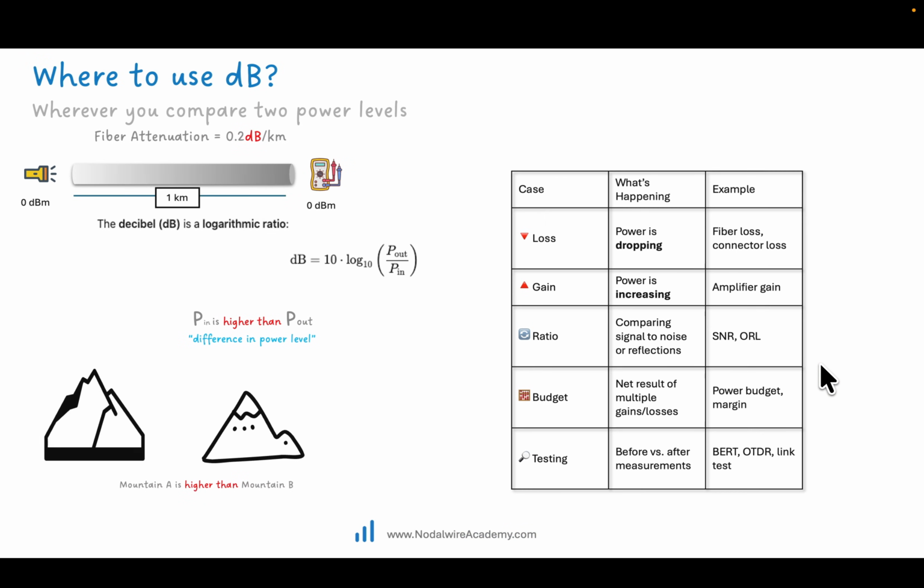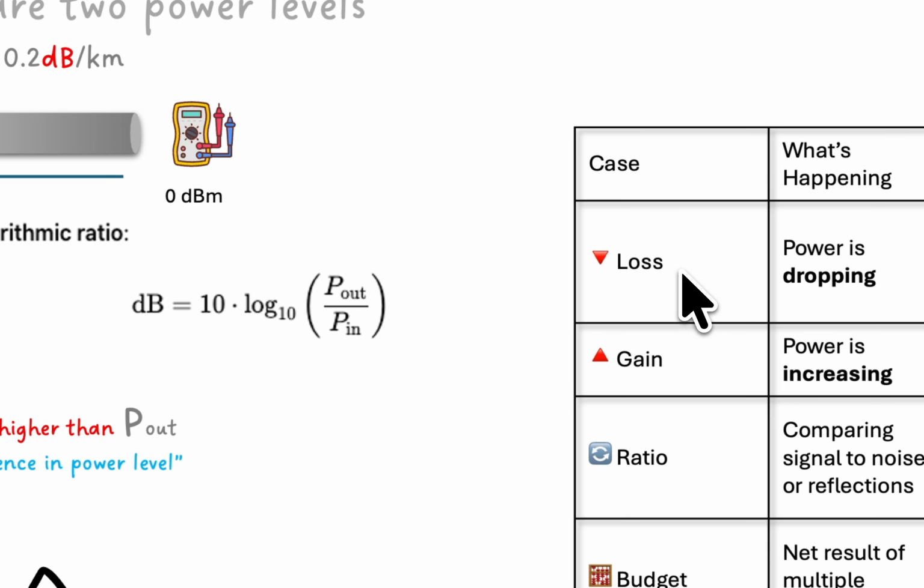Okay. Now the question is where we are using this dB. Whenever you are talking about or measuring loss, you are comparing two power levels, transmit power and Rx power. Gain, how much gain an amplifier has: you are comparing the output power by the input power, so you are using two power levels.